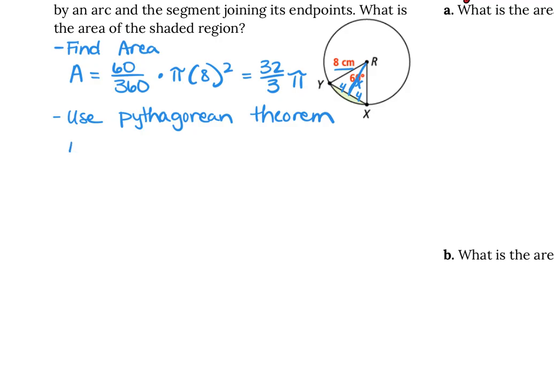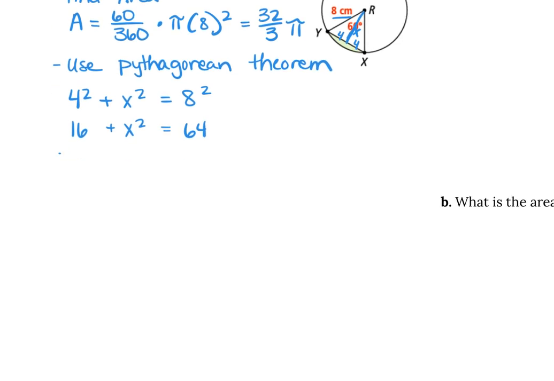Okay, so now I'm going to take my smaller side, 4 squared, add to it the unknown side squared, and that equals my hypotenuse squared, which is the 8 squared. Okay, go ahead and simplify.